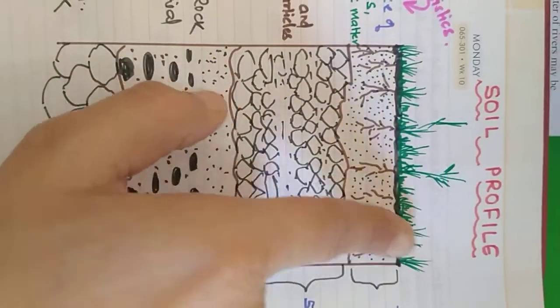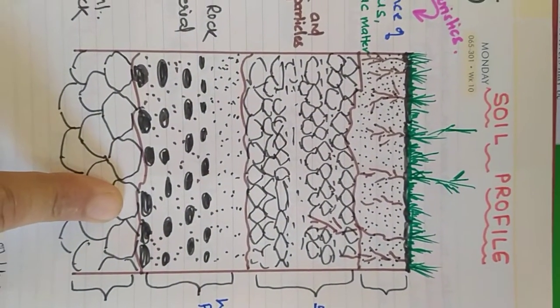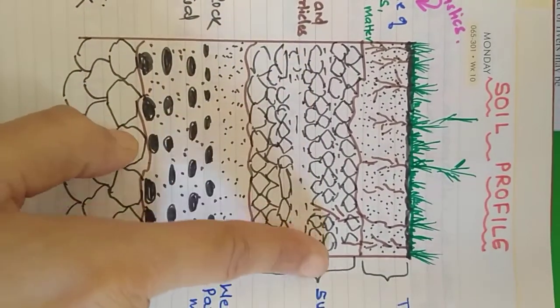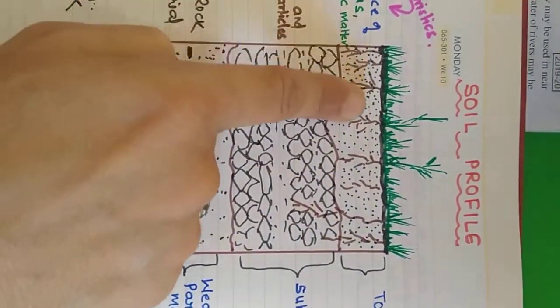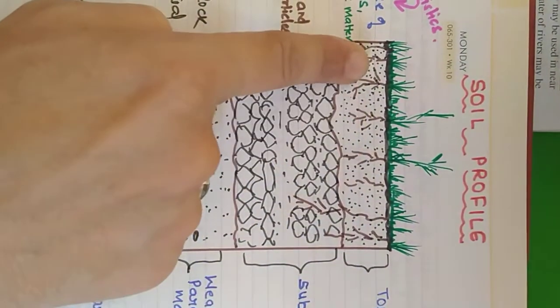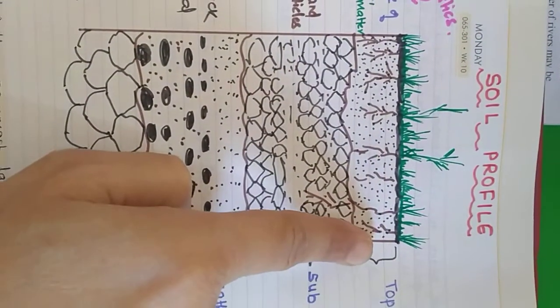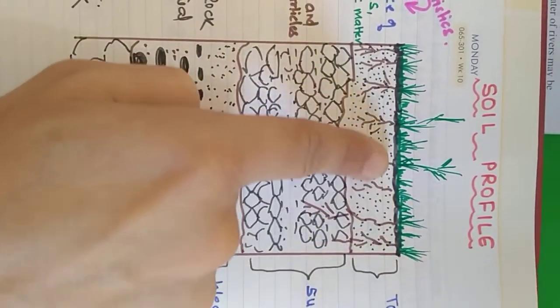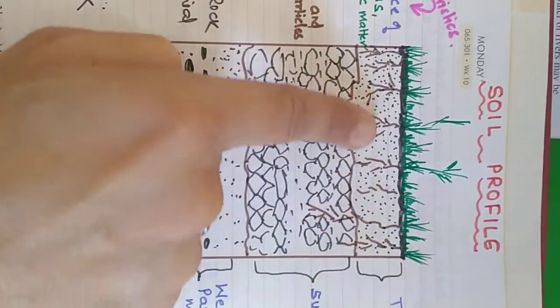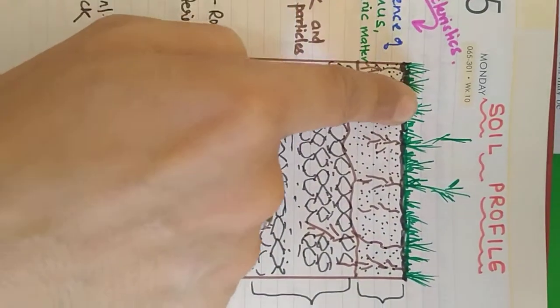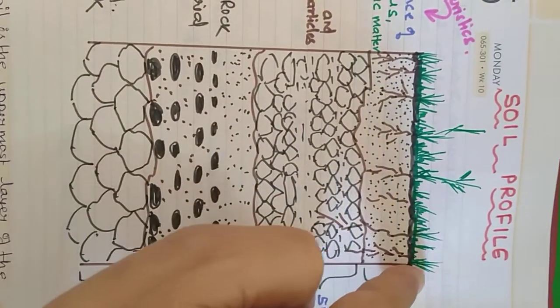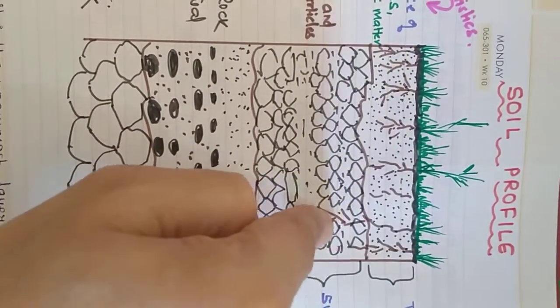As far as the soil profile is concerned, its uppermost layer is the topsoil. You can see this is the topsoil. The uppermost layer of the soil profile is known as the topsoil. You can see some plants grown over here, roots are there.